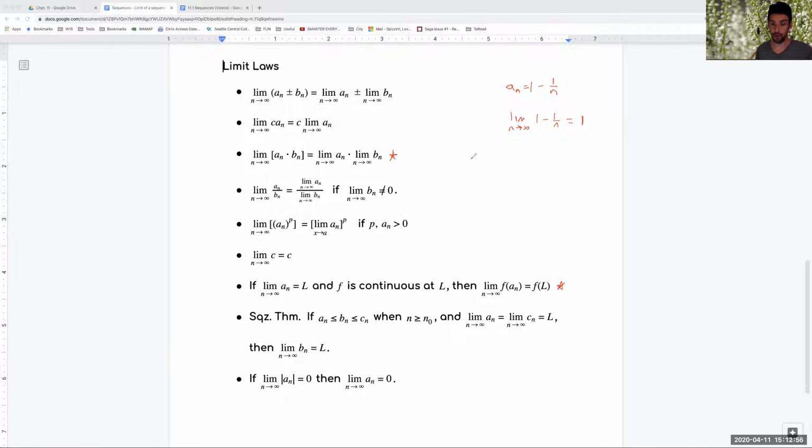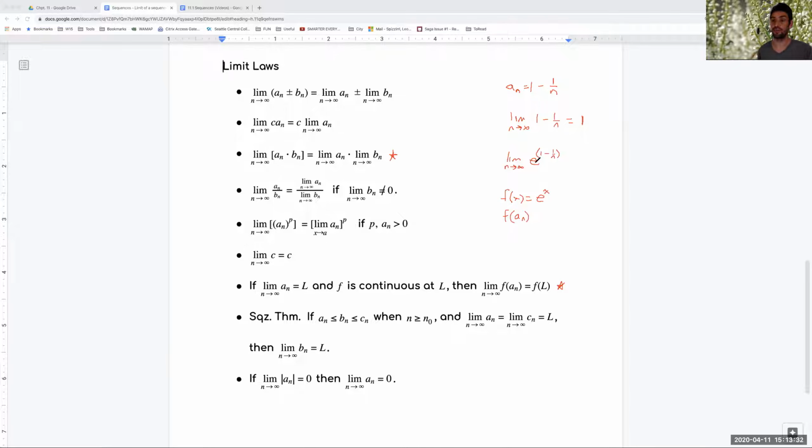So now suppose I wanted to look at the limit as n goes to infinity of e taken to the power of 1 minus 1 over n. Right? Well, what I'm doing, I'm looking at this function where f is the function e to the x, and I'm putting in f of a sub n.